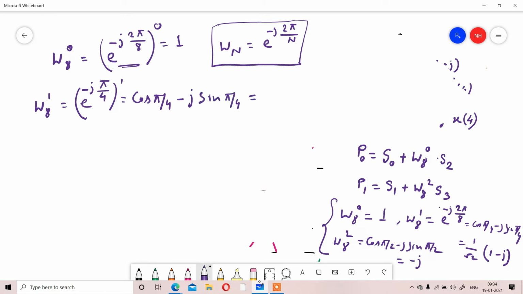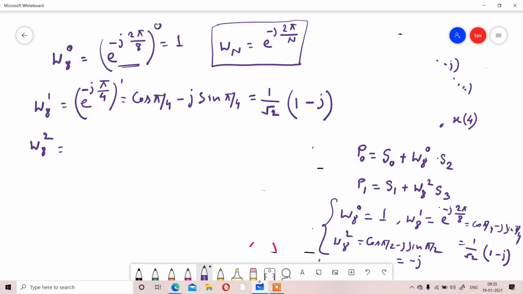So cos pi by 4 is 1 by root 2, and sin pi by 4 is also 1 by root 2. If we take 1 by root 2 common, the remaining part in the cos is 1, and the remaining part in the sin is j. So 1 minus j.